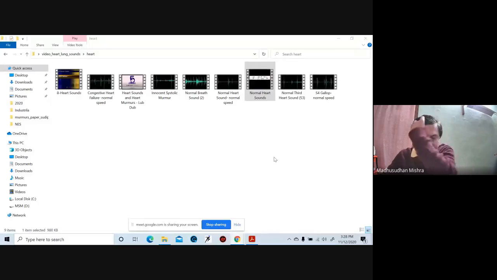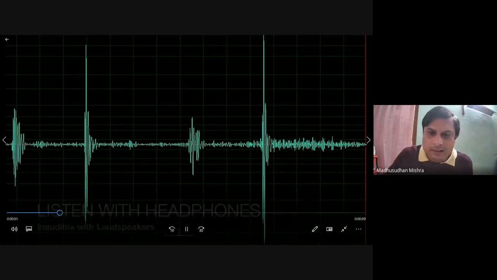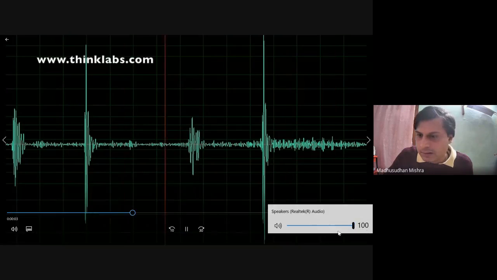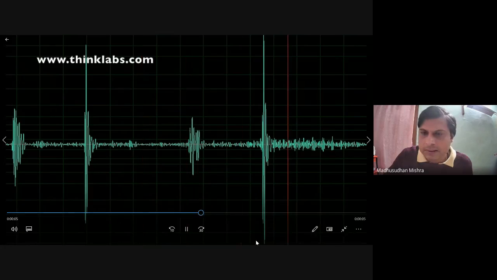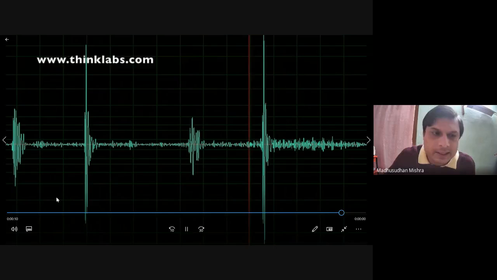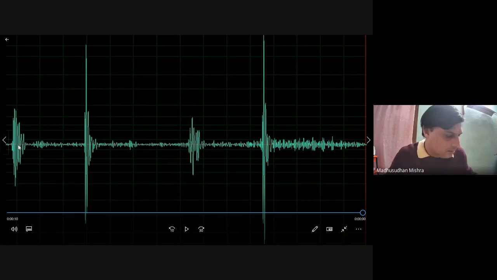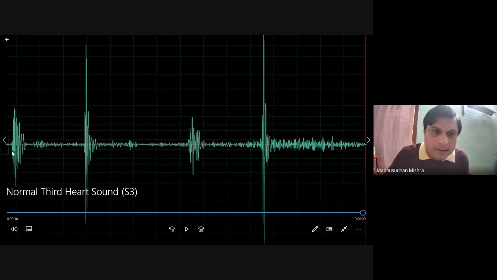So this was the normal heart sound, and then there is an abnormal heart sound, which is our third heart sound. Here one can see that this is the first heart sound, S1, and this is S2.